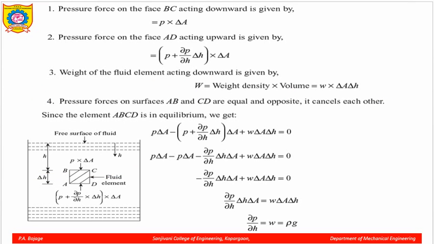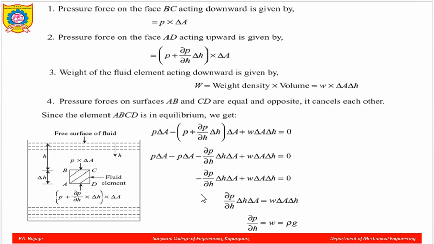So, for the equilibrium condition of a fluid element ABCD, we consider the pressure acting in the downward direction, the resultant or opposing pressure acting on the face AD, and the self weight acting in the downward direction.